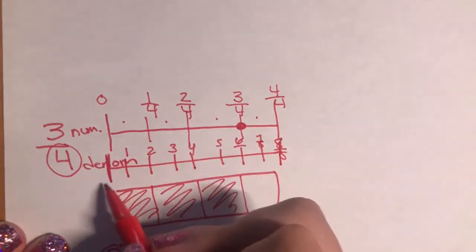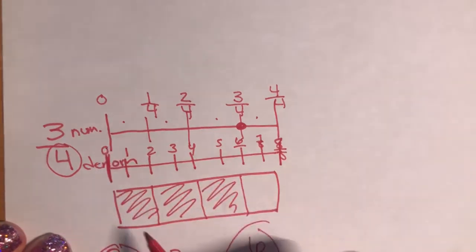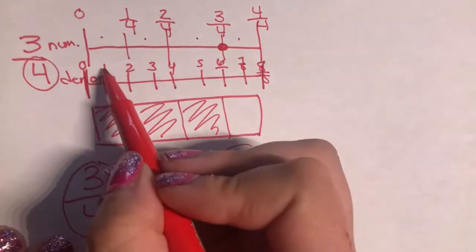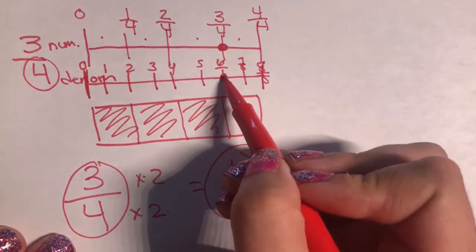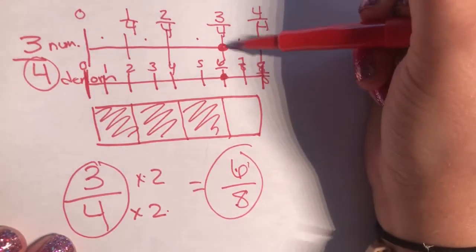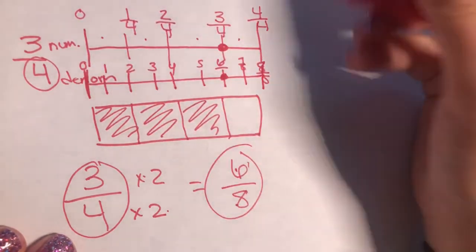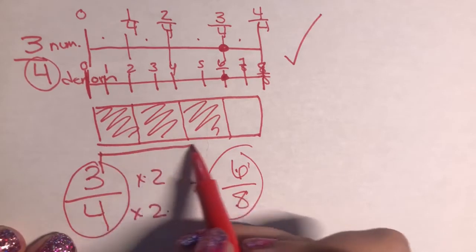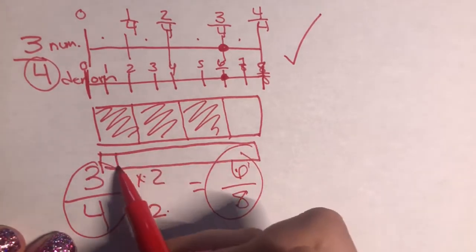The first line is always 0. So 6/8 would be right here on my number line. Is that at the same point as 3/4? Yes, so that's equivalent.